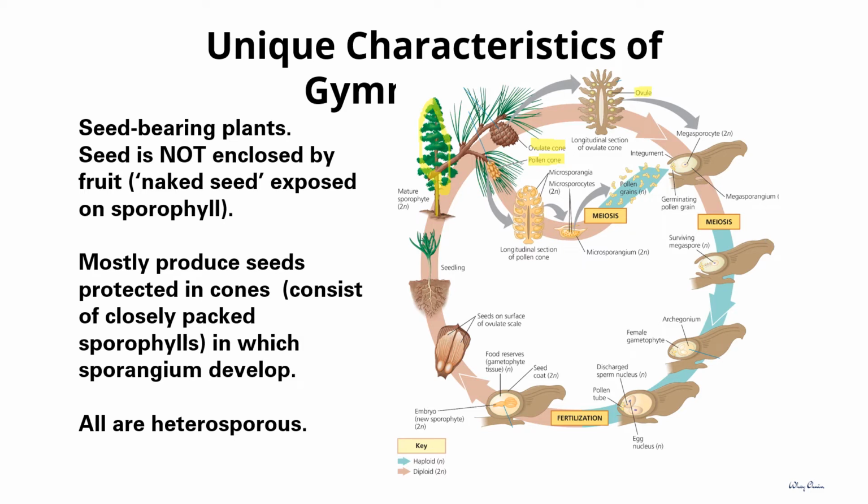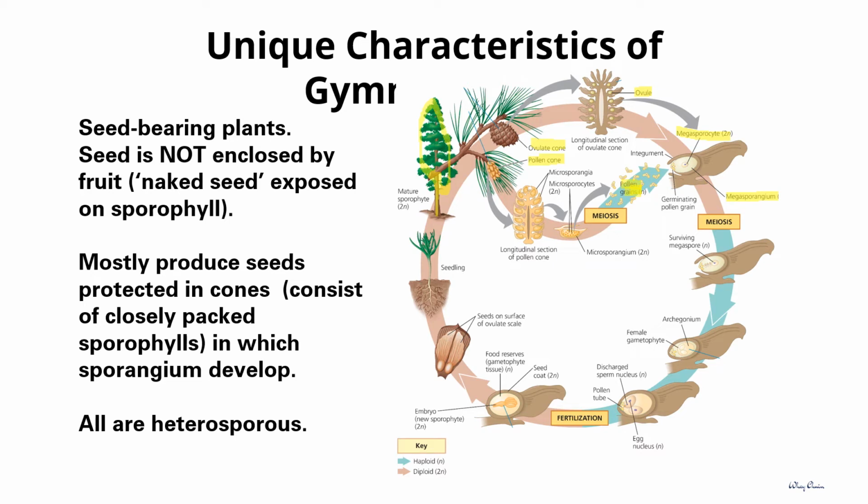Within the ovule, there is the megasporangium, which is the site where we can find the diploid megasporocyte. And at the scale of the pollen cone, there is the microsporangium, which is the site of male gametophyte formation, the haploid pollen grains. The haploid pollen grains, or these male gametophytes, are formed by meiosis. The pollen grains will be carried by wind and reach the megasporangium.